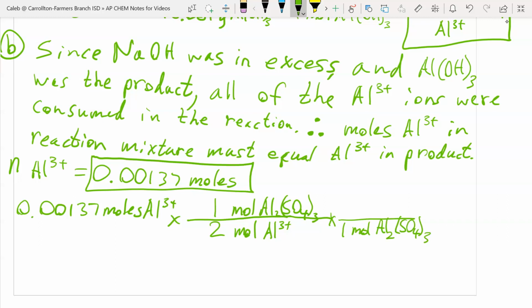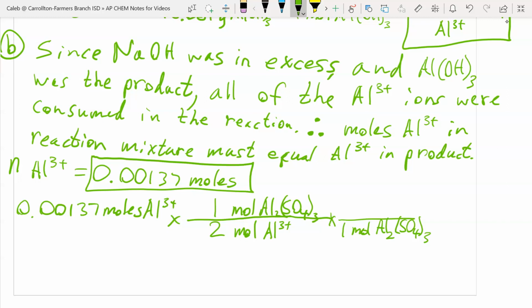All right, and aluminum again is 26.98 times 2 plus S times 3. So we're going to do 3 times the mass of sulfur, which is 32.06, plus 12 times the mass of oxygen, which is 16.00.